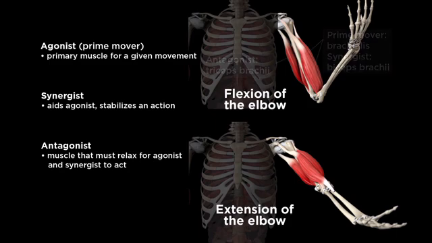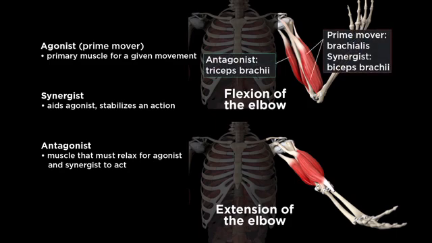So in our example, the prime mover for flexion of the elbow is the brachialis, and the biceps brachii is its synergist or its assistant. The triceps brachii must relax in order for elbow flexion to occur. So it is the antagonist in elbow flexion.